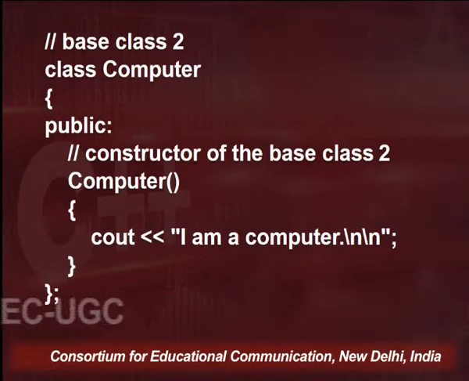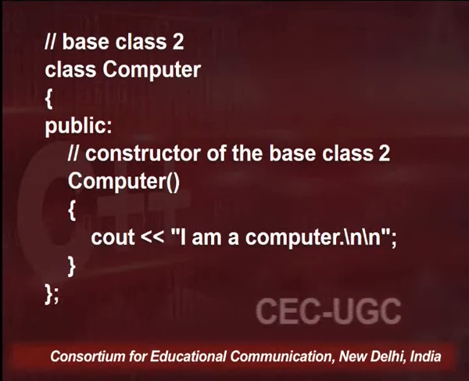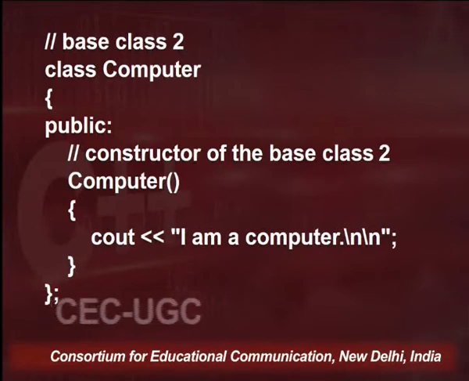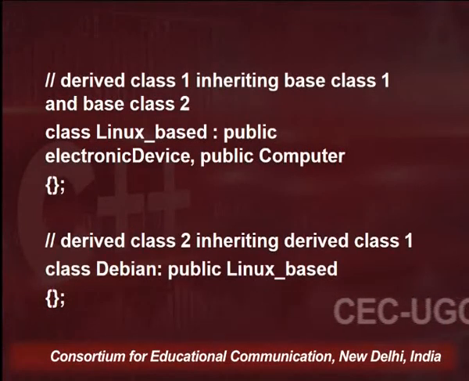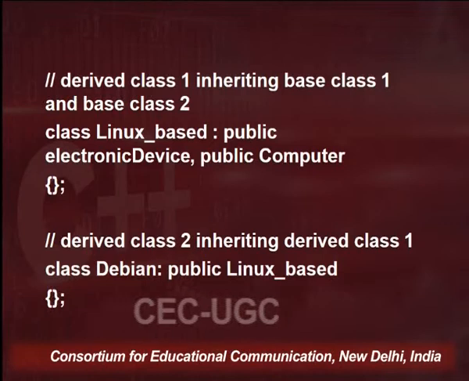Now we have two base classes. One class is ElectronicDevice and another class is Computer, and both of these classes will serve as the base classes. Now, corresponding to these base classes, ElectronicDevice and Computer, let's have one derived class.